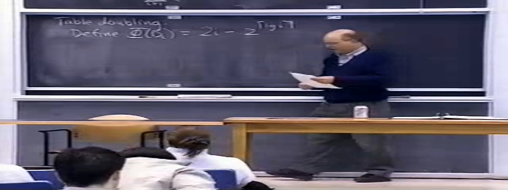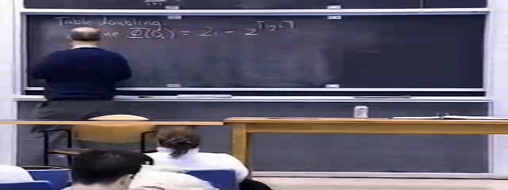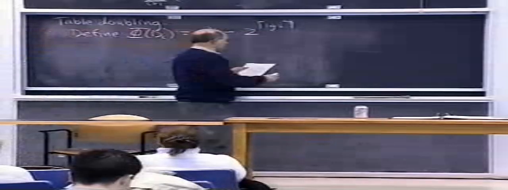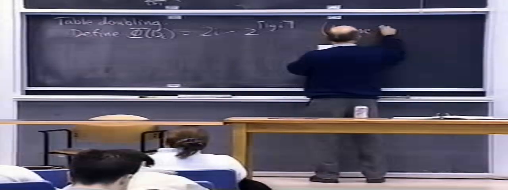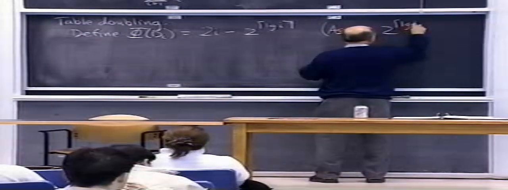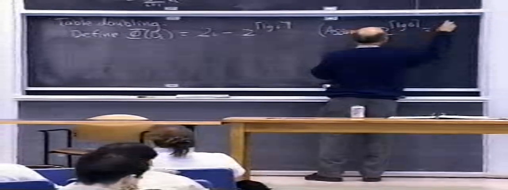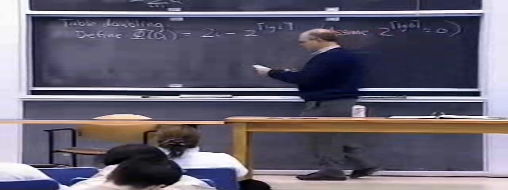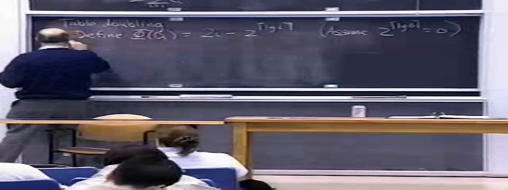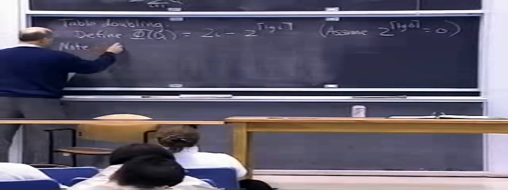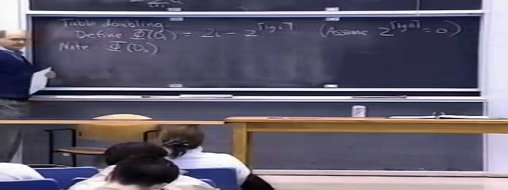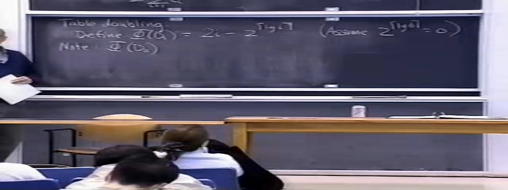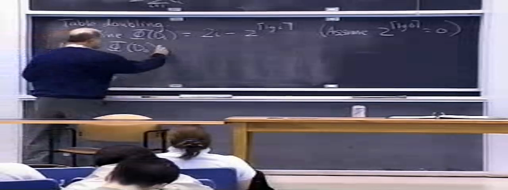Okay? So the first thing to note as we get there, the other thing we're going to do for simplicity, for our boundary case, is we're going to assume that 2 to the ceiling of log 0 is 0, just as a technicality. And now let's note that what's phi of D0? 0. That's good.